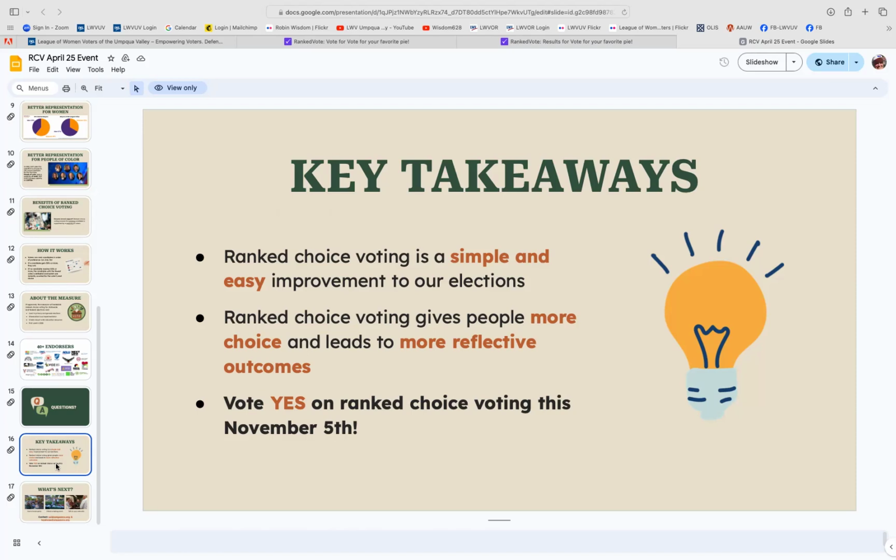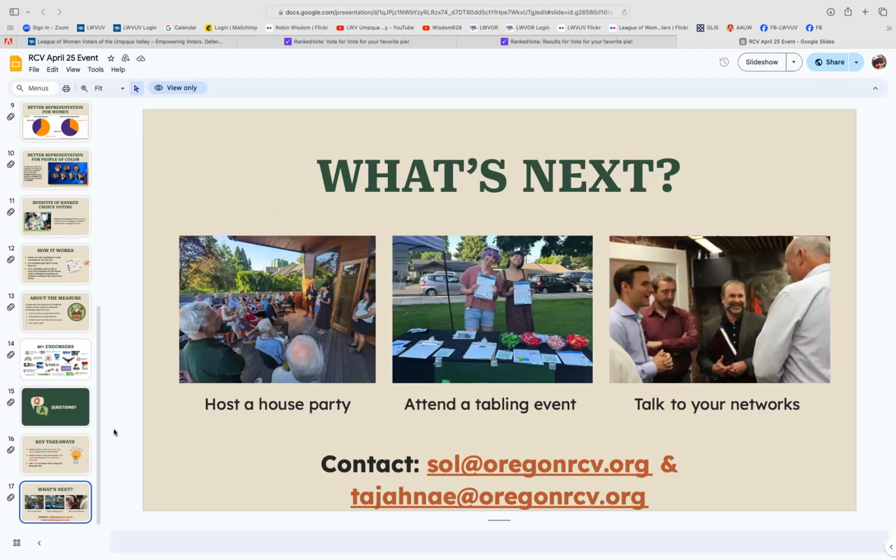And lastly, I will say that if you are here in this meeting and you feel compelled to volunteer, if there's any other way that you would like to get involved, there are definitely those opportunities. We are recruiting folks to host a house party. A house party is a very informal gathering for people in your network, in your community, to learn more about ranked choice voting.